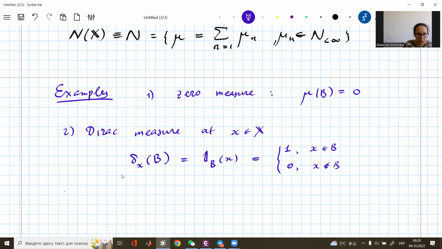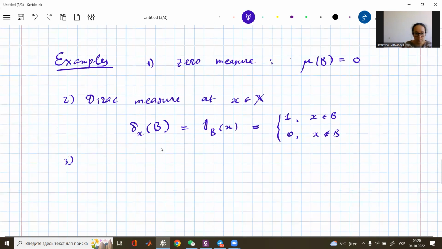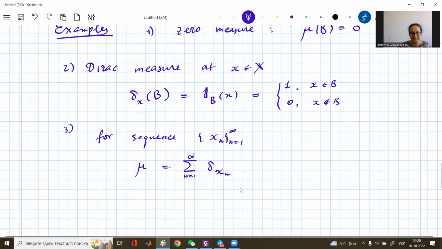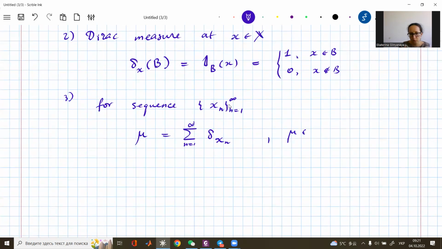And of course, if we have a finite or infinite sum of delta measures, it will again be a measure. So for a sequence of points x_n, n from 1 to infinity, or a finite sequence, if I define measure mu as the sum of Dirac measures at points x_n, then by definition, mu belongs to N, to the set of measures.